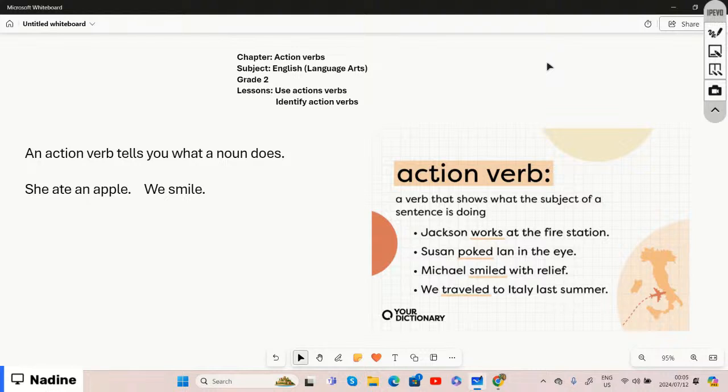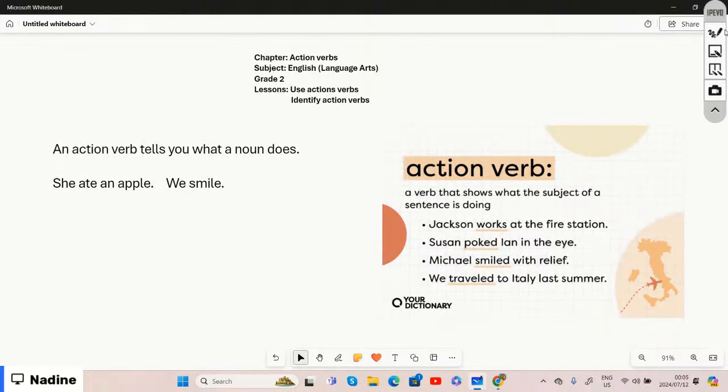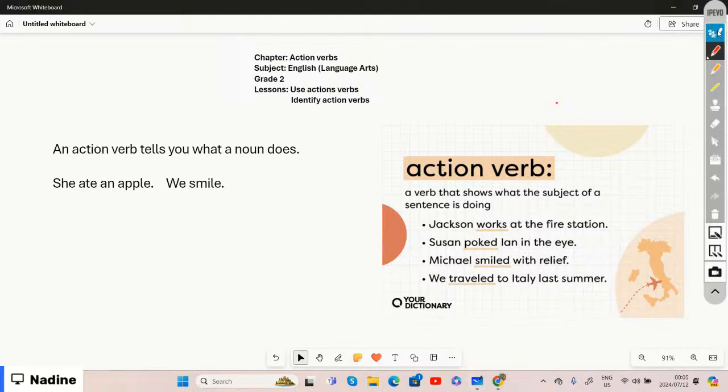All right, so an action verb, right? It tells you what a noun does. Before we go further, firstly, nouns are your people.